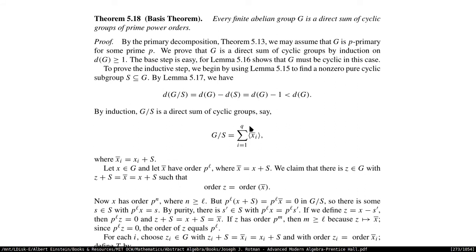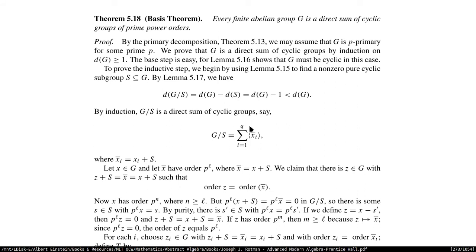Now, by the previous lemma, D of the quotient G mod S is equal to D of G minus D of S. Yep, that was the point of the last lemma. And that is equal to D of G minus 1. Right, because your S is a pure cyclic subgroup, right?